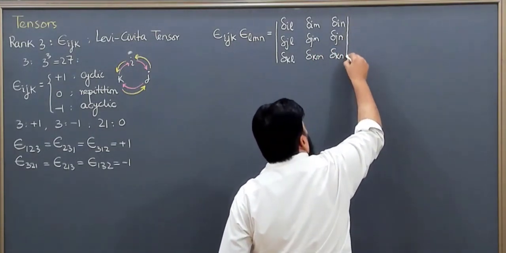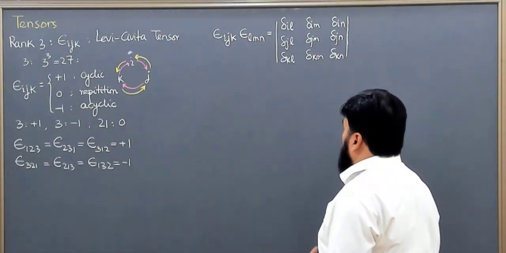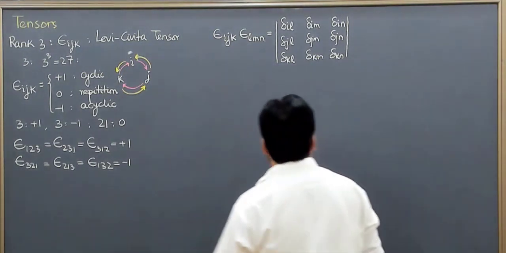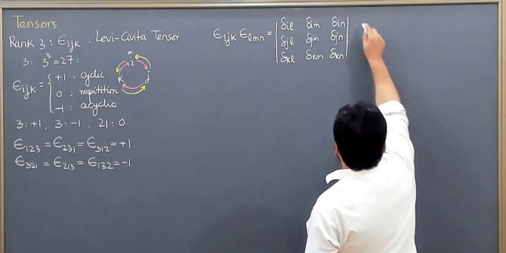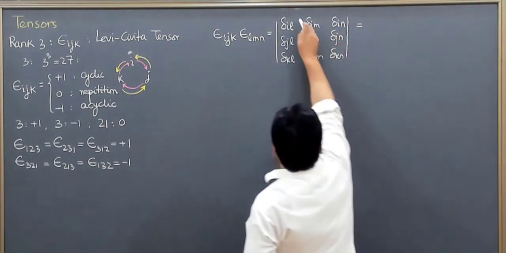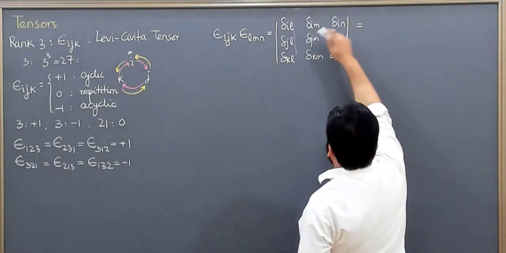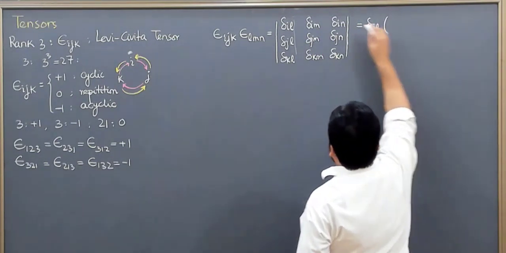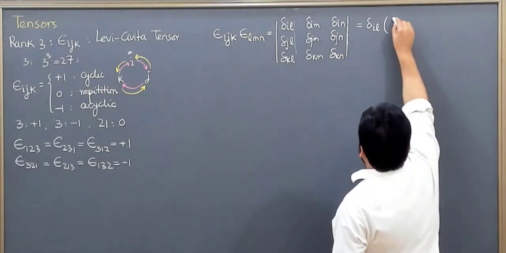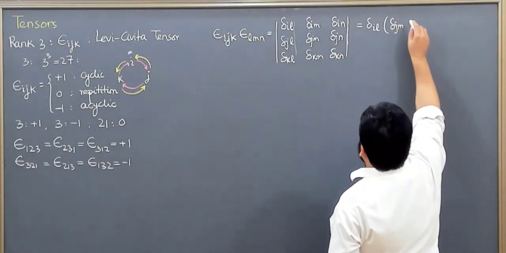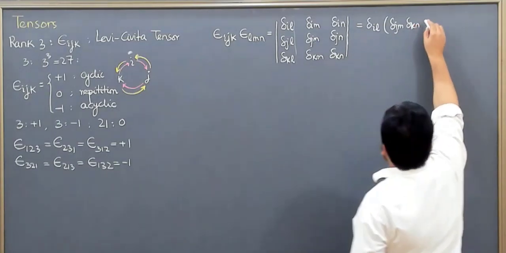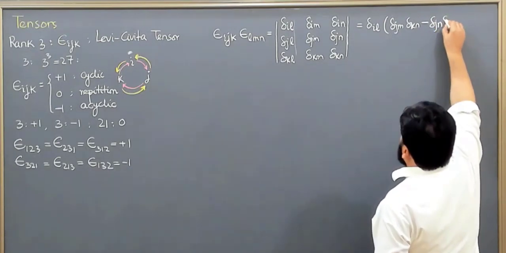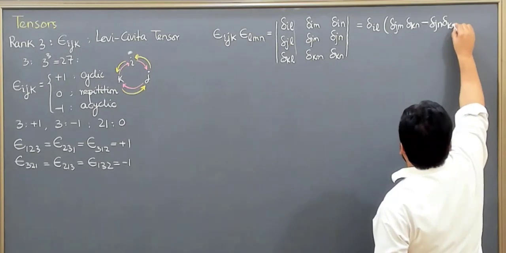This is a determinant, and we will now expand it. For the first element, skip its row and column, and we have delta il multiplied by delta jm delta kn minus delta jn delta km.